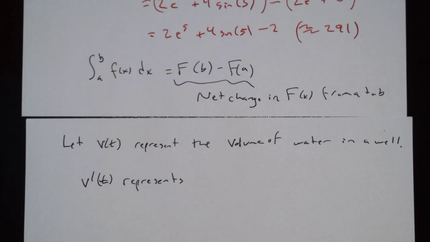Change in volume with respect to time, which is the rate of water being taken out of this well or put into this well, right? If it rains, V prime should be positive. If it's dry and I water the lawn or take a shower, V prime should be negative, right?